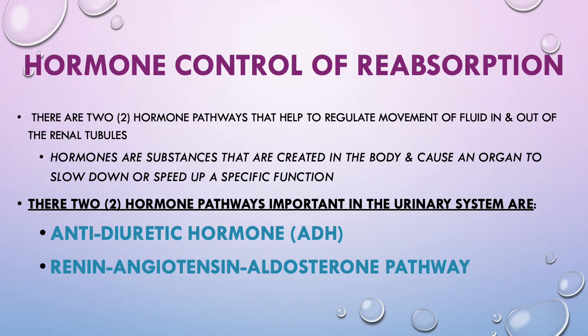Hormones that control reabsorption of water and other solutes are pretty important. There are two hormone pathways that help regulate the movement of fluid in and out of the renal tubules. Those hormones are created in other places of our body and they act upon target cells. The first one is the antidiuretic hormone, also known as ADH.